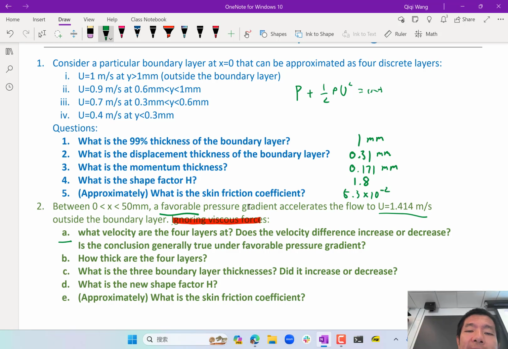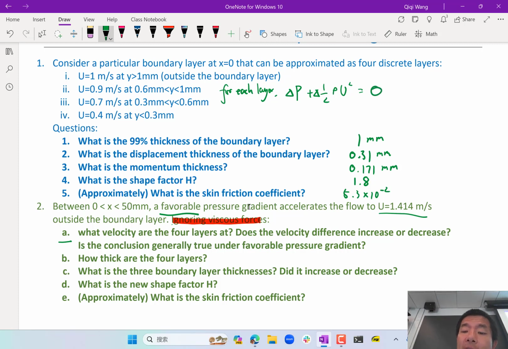But for each layer, my delta p plus delta half rho v squared is equal to 0.